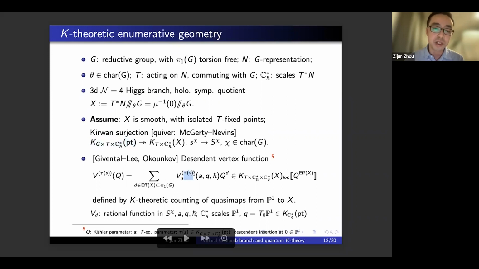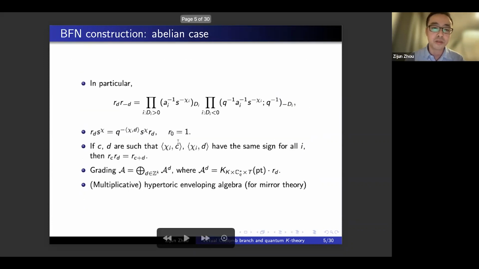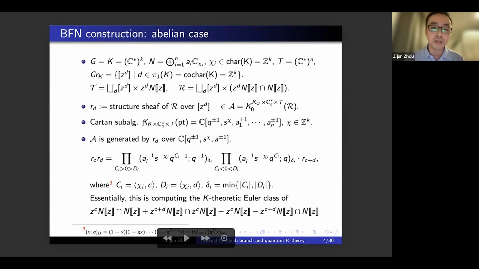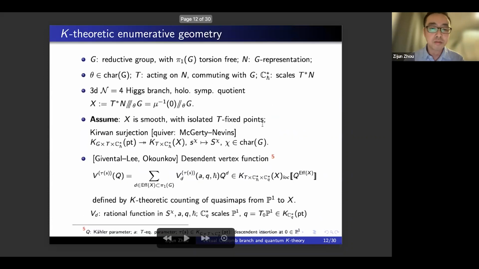In other words, this tau S is an element in the Cartan subalgebra of the Coulomb branch. And here you also have to do some localization.